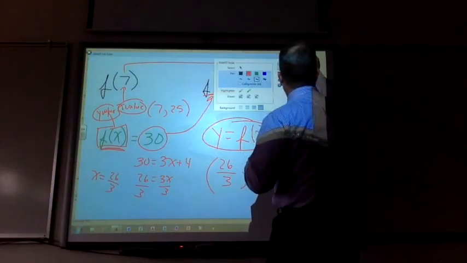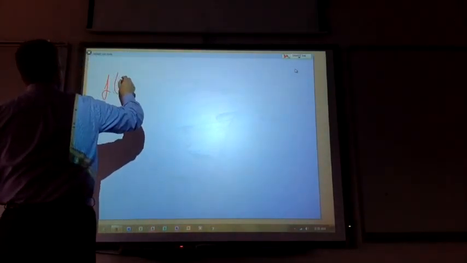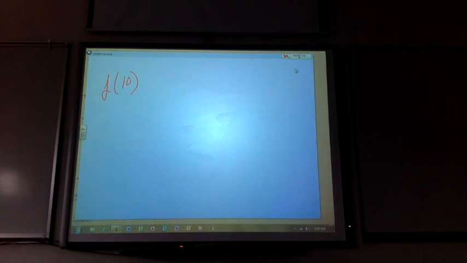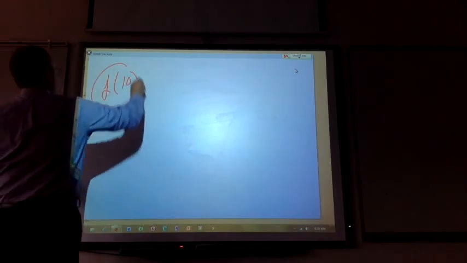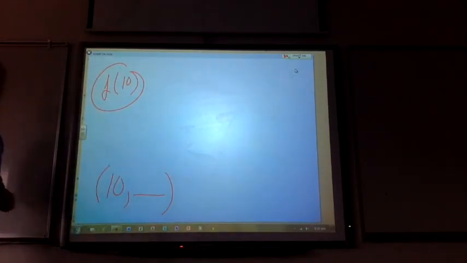Okay. Clear ink. Let's say we have a function at 10. 10 is what kind of value? X or y? Function at 10. 10 is an x or a y value. X. So this right here is going to yield me 10 comma some number.